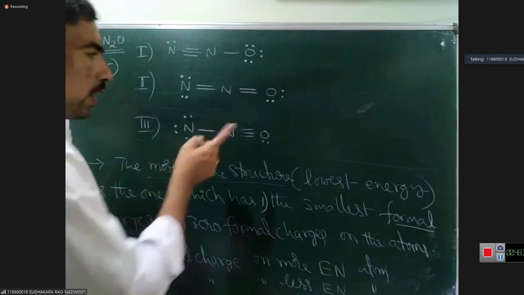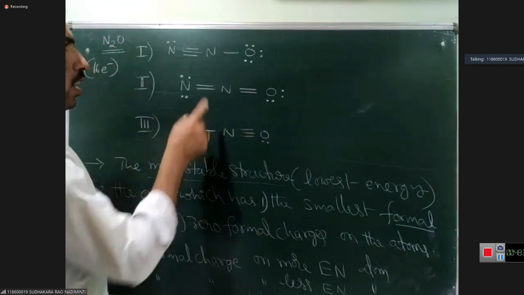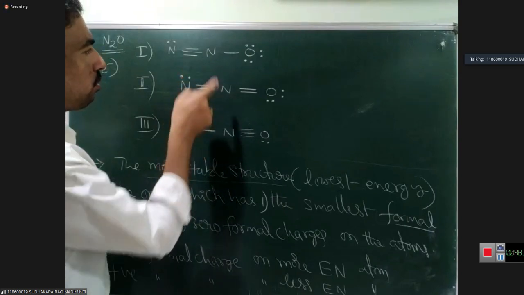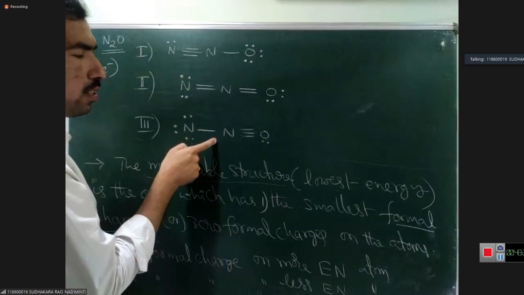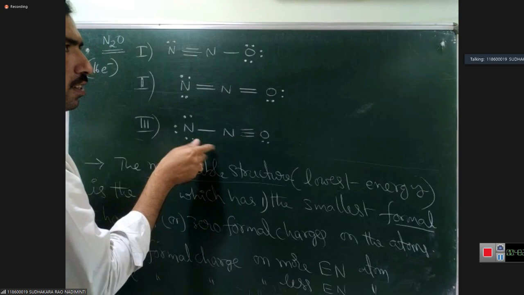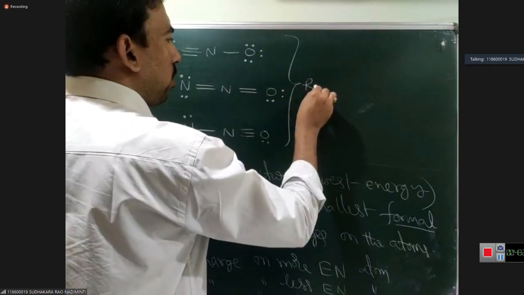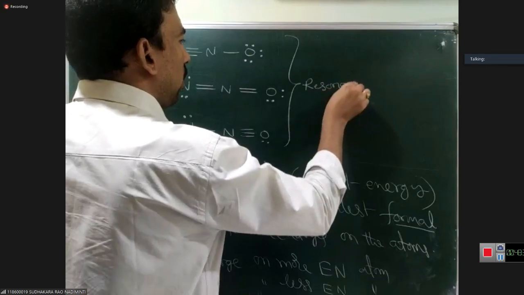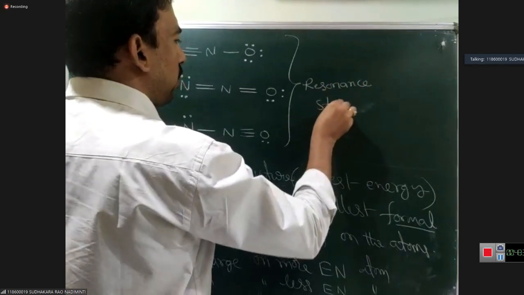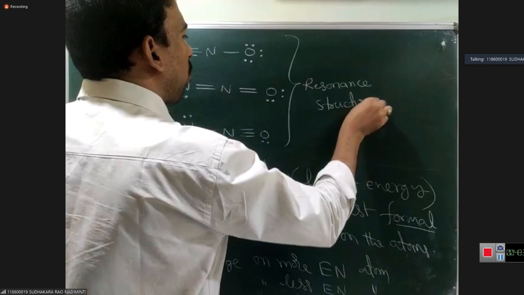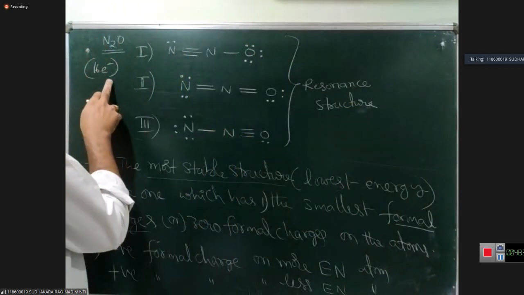Now look at all three structures. Is there any similarity between them? These three are resonance structures, written using the 16 electrons.